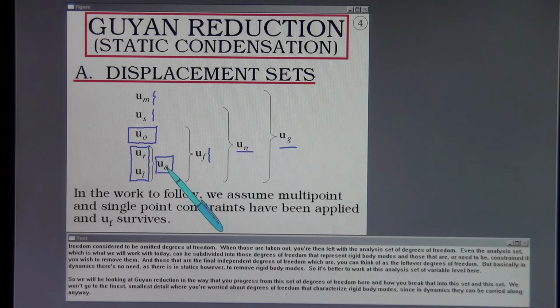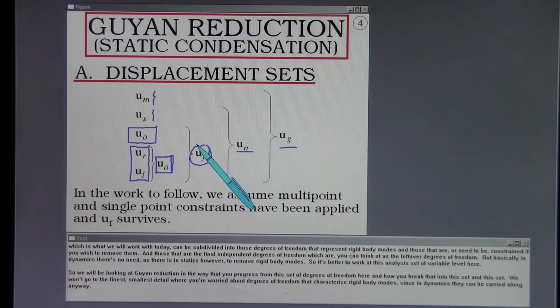So it's better to work at this analysis set level. So we will be looking at Guyan reduction in the way that you progress from this set of degrees of freedom here, and how you break that into this set and this set. We won't go to the finest, smallest detail where you're worried about degrees of freedom that characterize rigid body modes, since in dynamics they can be carried along anyway.